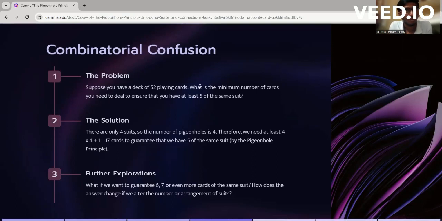So (n minus 1) divided by 4, plus 1, will be equal to how many cards we need to get, here at least 5. So the total formula will be (n minus 1) divided by 4, plus 1, equal to 5. If you solve that, you will get the answer 17. So the total number of cards you need to deal to ensure that you get at least 5 of the same suit is 17.